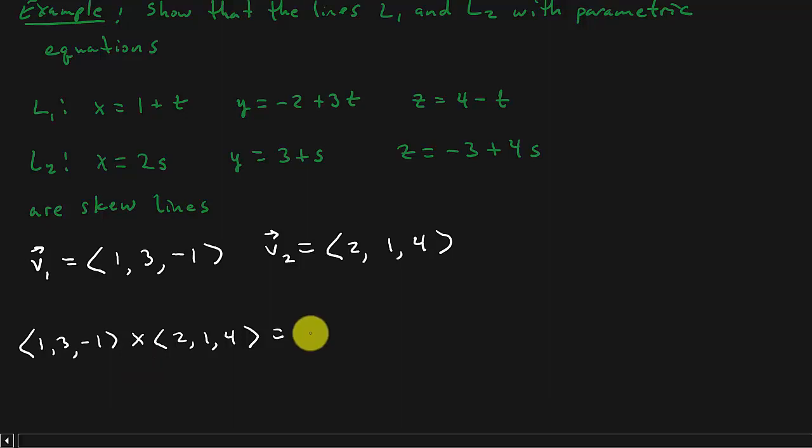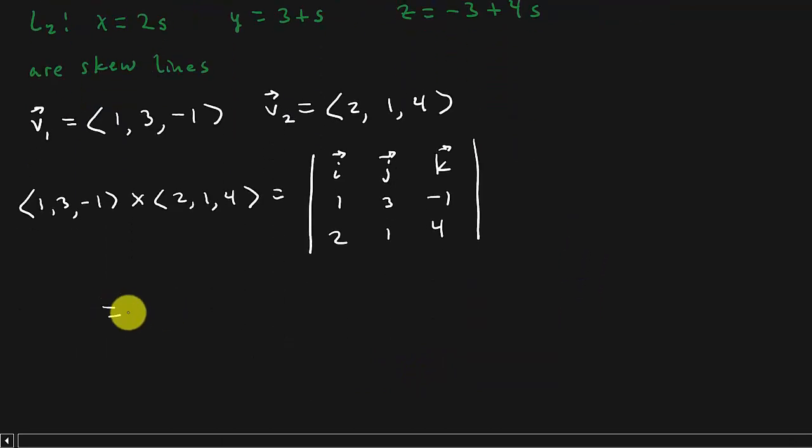All right, so that's going to be the determinant i, j, k. Hopefully you still remember how to do the cross product. That was the lesson before this one.